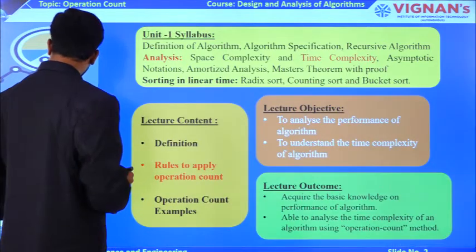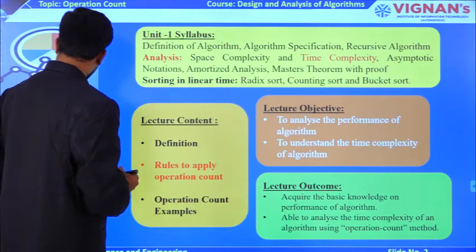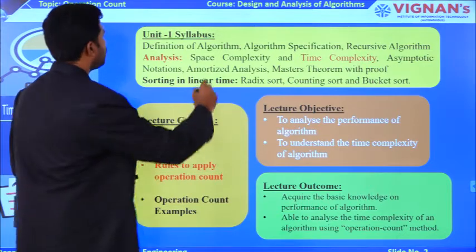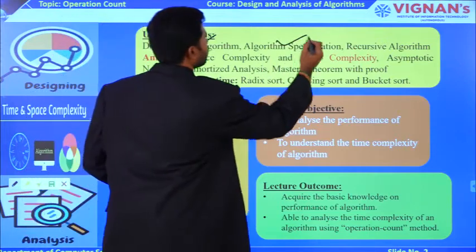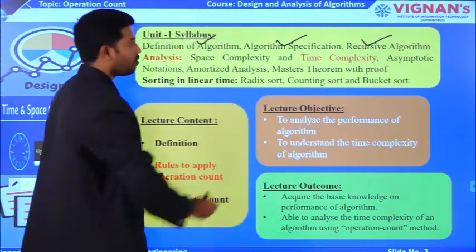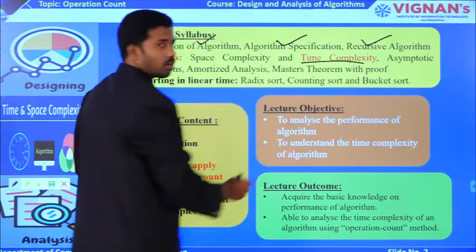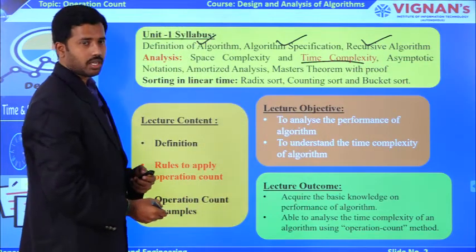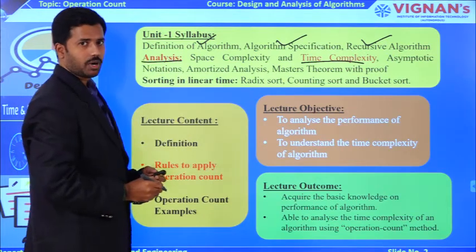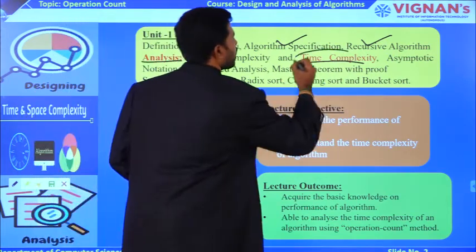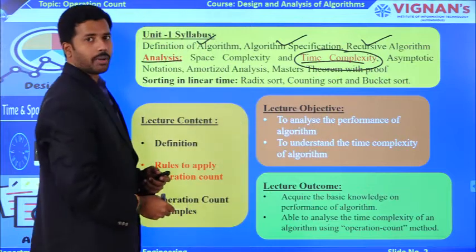This is your unit 1 syllabus. In the last classes we have completed the definition of an algorithm, specifications, and recursive algorithms, and we have seen how to measure the time complexity of an algorithm with the step count method. In the current class, we will also discuss the analysis part: how to measure the time complexity of an algorithm with the help of operation count.